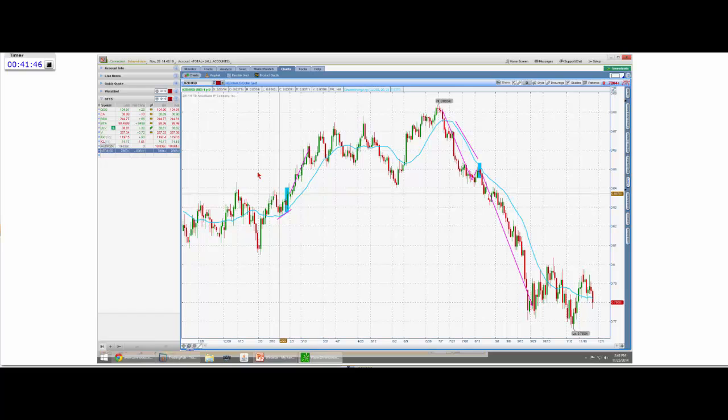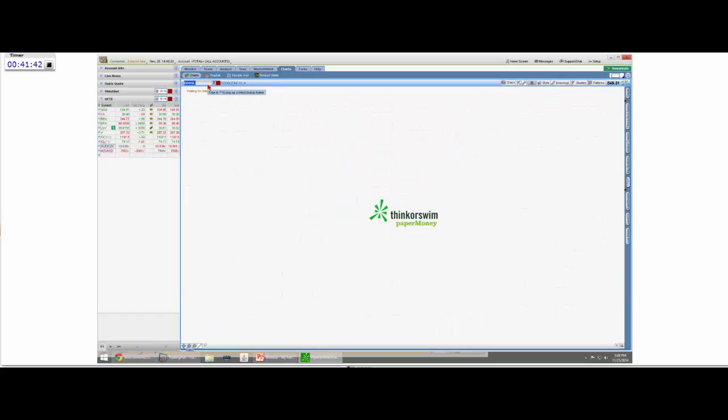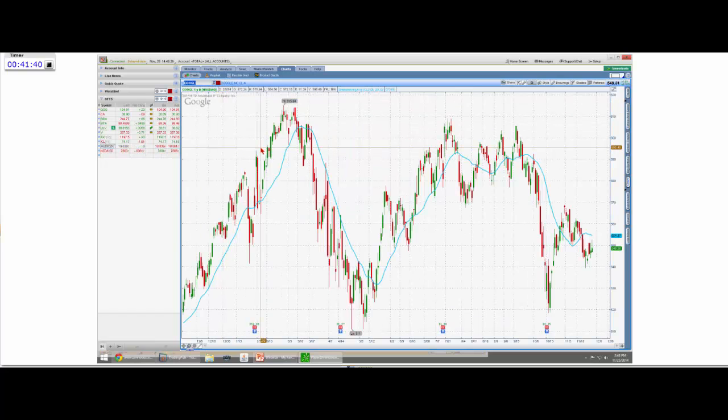Greg wants to know about Google. Google, let's have a look at Google. So Google, you can see here back and forth, but some really nice strong trends here, with momentum on our side. And there are a number of places to enter here.